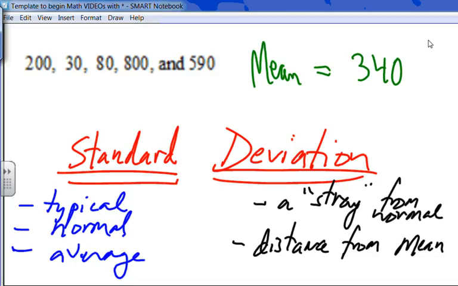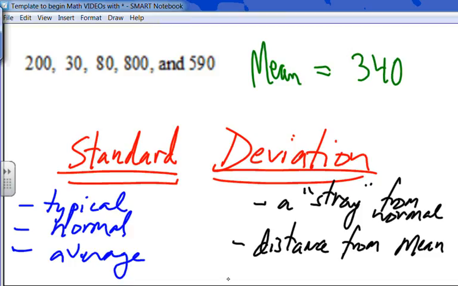If you deviate, you stray from a norm. So in mathematics, a deviation would be straying from the normal, which would be a distance away from the center, the mean. So deviation for a number is how far it is from above or below the mean. If it's above the mean, its deviation is positive. If it's below the mean, its deviation is negative. But just as a general concept, a standard deviation is a typical distance from the mean.